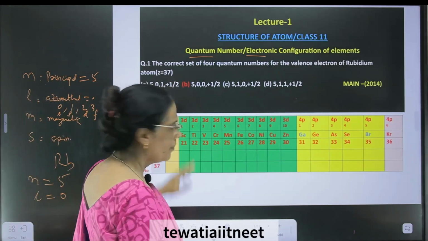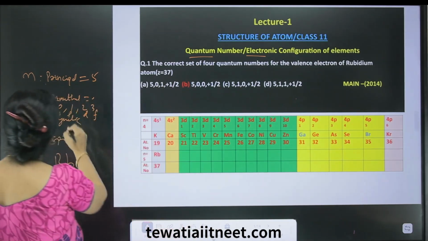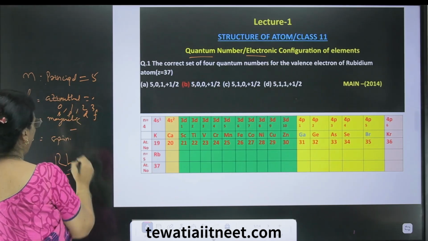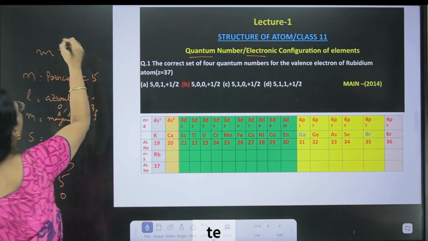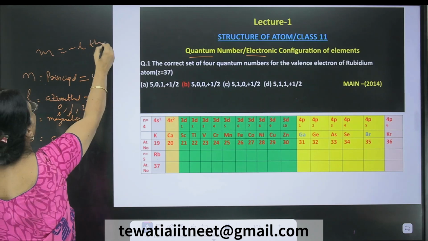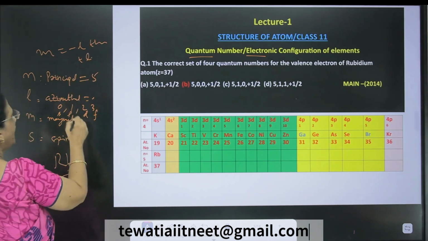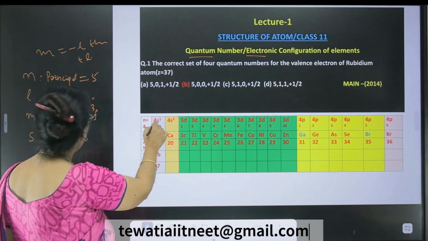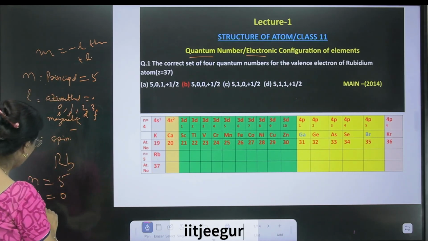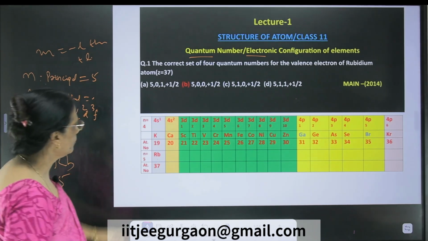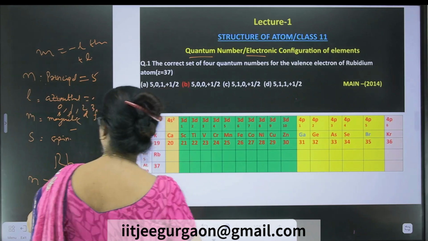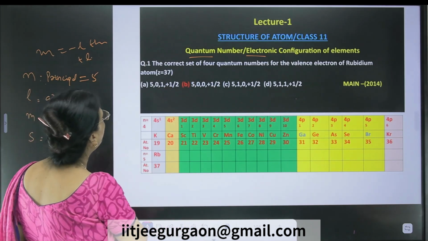Now, m value ranges from minus l through 0 to plus l, and since l is equal to 0 for s orbital, m value is equal to 0. So m will be 0 for the rubidium atom.